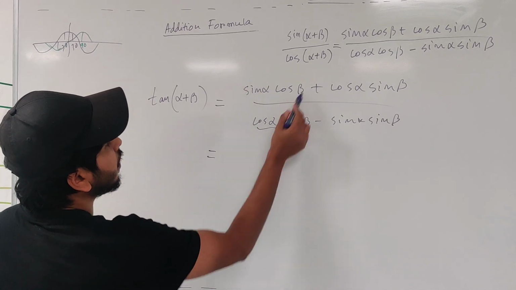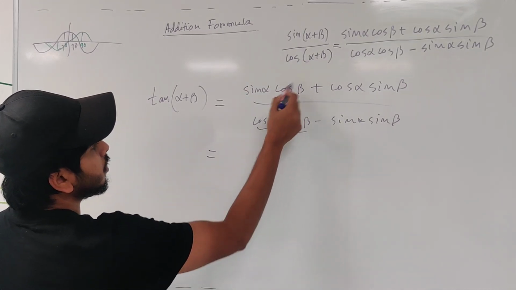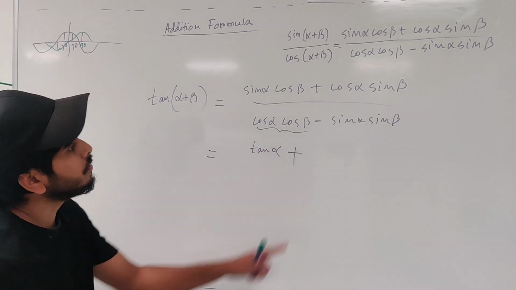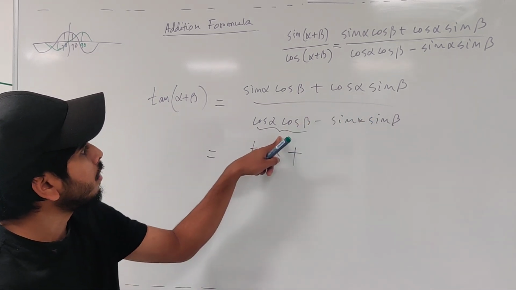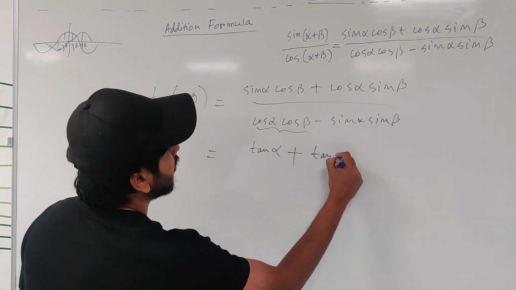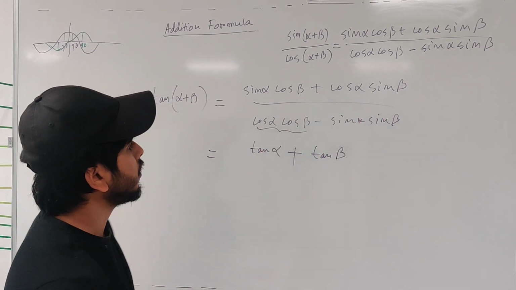So if I divide this guy with this guy, this cos beta will cancel out. I'll have tan alpha plus, if we divide this guy with this guy, cos alpha will cancel out. We'll have tan beta, sin beta over cos beta.